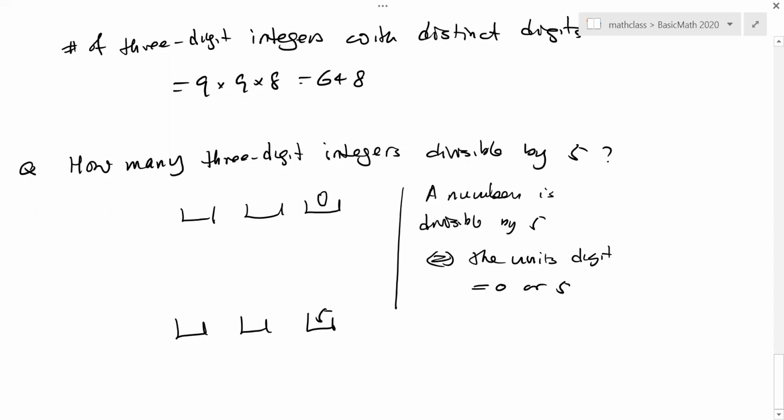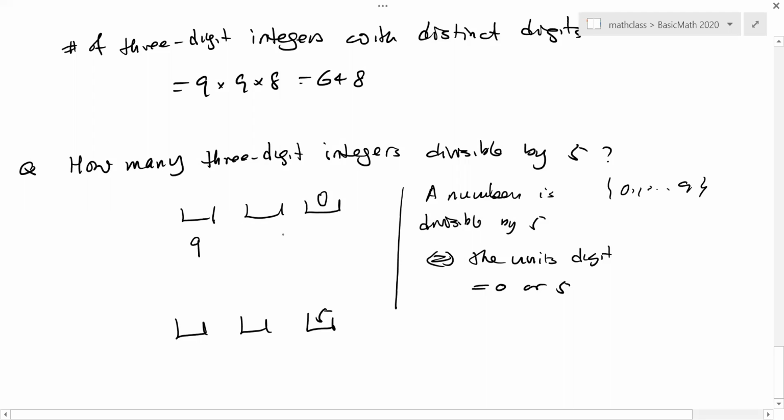Let's count the first one. The 0 is already used, right? You have digits 0, 1, all the way to 9. So 0 is already used, so you only have 9 choices for the hundreds digit.